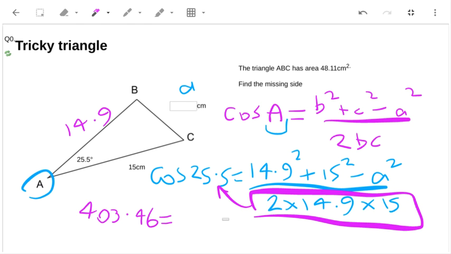And that's going to equal the right hand side. I might as well simplify that bit, which is the 14.9 squared plus the 15 squared. That gives me 447.01. And then I have minus a squared.